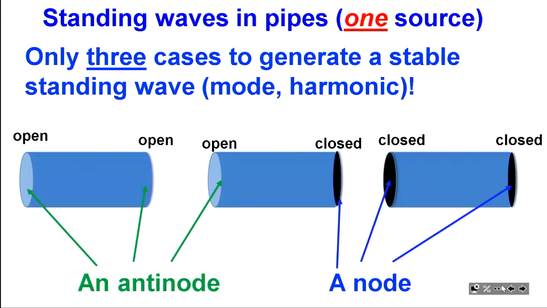The reason the standing wave survives is because when the end is open, we should observe the maximum intensity at the open end, and when the end is closed, molecules get stuck to this end, and we should observe nothing, minimum, or the node.